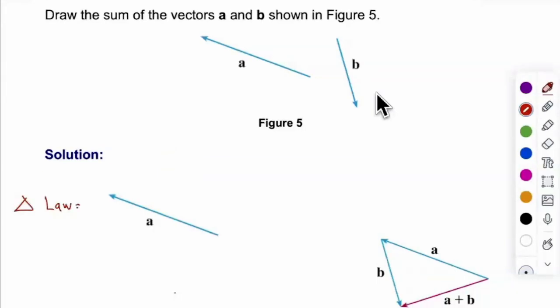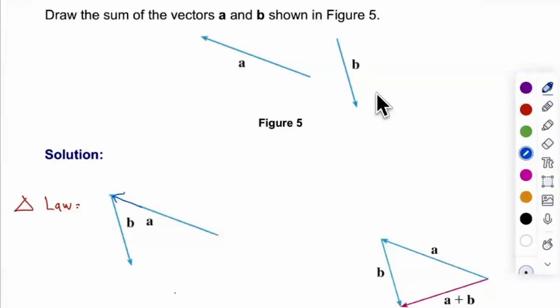So we have vector A, and then what should we do? I'm going to copy this vector B, and I'm going to put this one over here. It broke a little bit, but you see it?